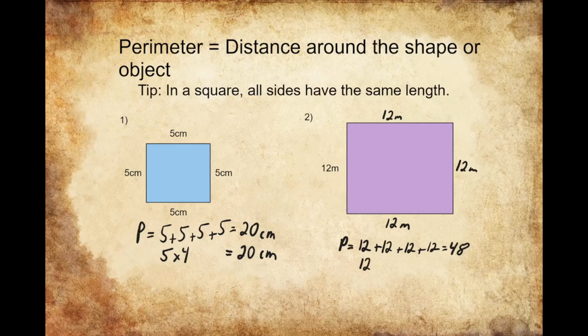So we can multiply 12 times 4 because there are 4 sides, and that's going to give us the same answer of 48. But again, we need to include our unit of measurement, which in this case is meters. So our second square has a perimeter of 48 meters.